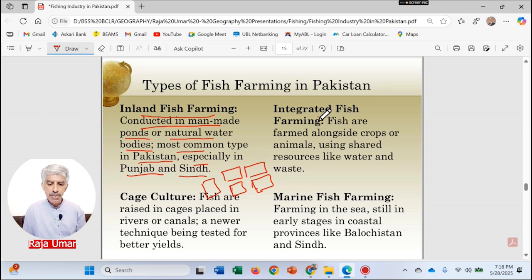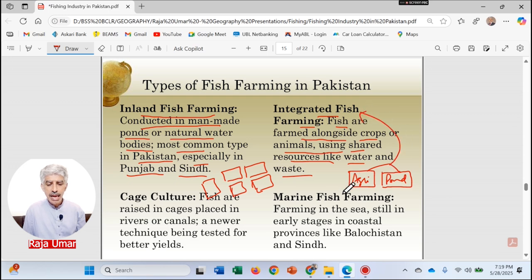Then integrated fish farming. Fish are farmed alongside crops or animals using shared resources like water and waste. So it means that, for example, this is the agricultural field. Here the crops are grown, and alongside the agricultural field there is the pond for growing fish. So there is the integration of agriculture and aquaculture over here.